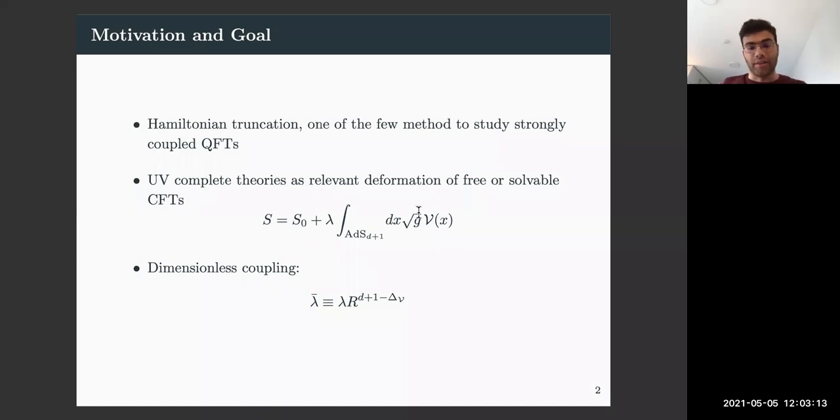In particular, the action would look like something like this, that the free or solvable CFT that we deform. We have a dimensionless coupling that we'll use a lot from now on. I call it lambda bar, which is related to the radius of AdS R and the coupling that comes up here.